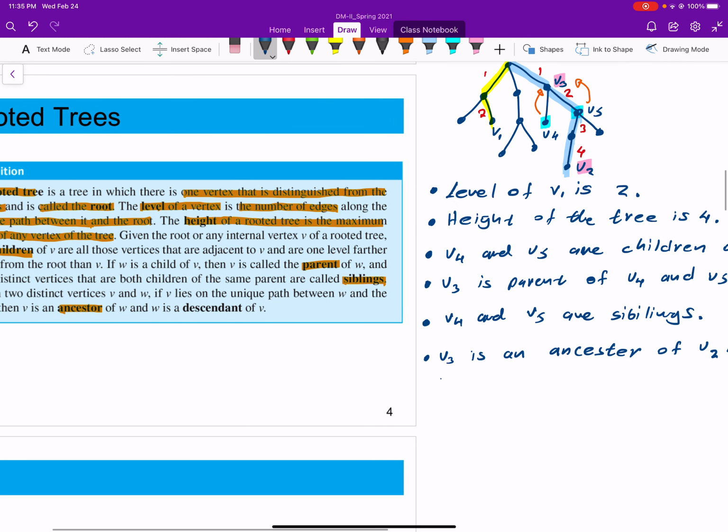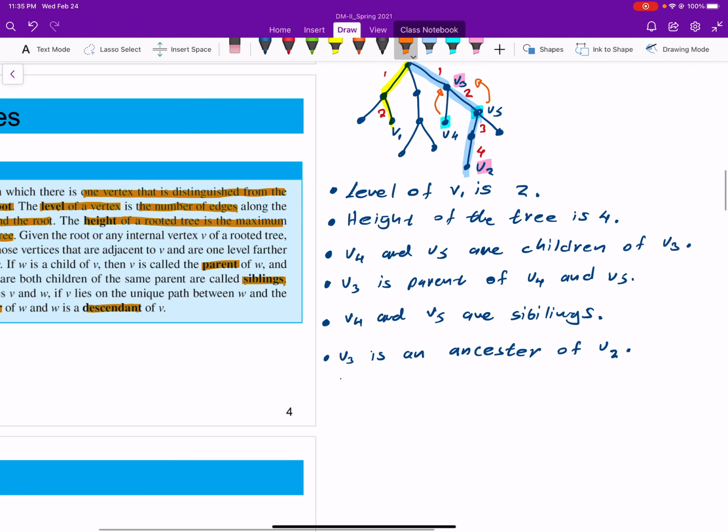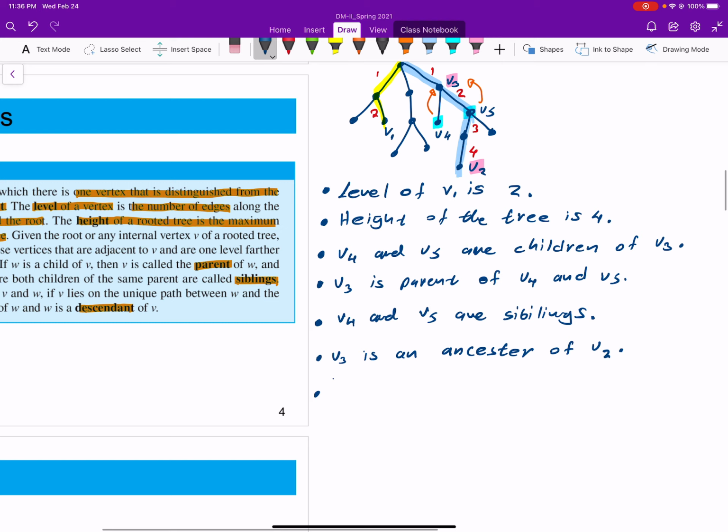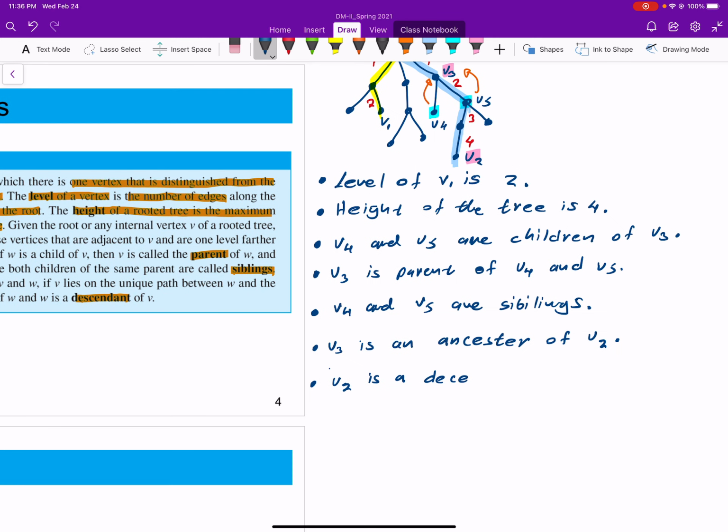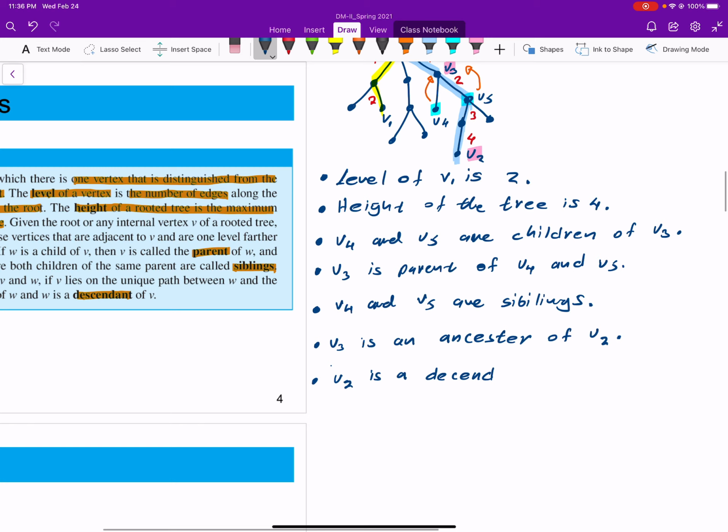Okay, at the same time, the descendants. The reverse of ancestors is descendants. At the same time, you could say V2 is a descendant of V3.